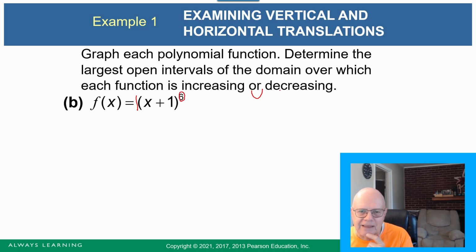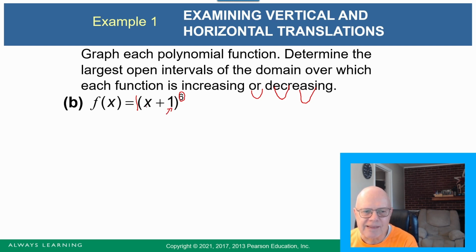That means that it's going to go up to the left and up to the right. Because it's 6 instead of a 2, it's going to be flattened a little bit at the bottom. The higher this even number is, the more it's going to be flattened near the origin.